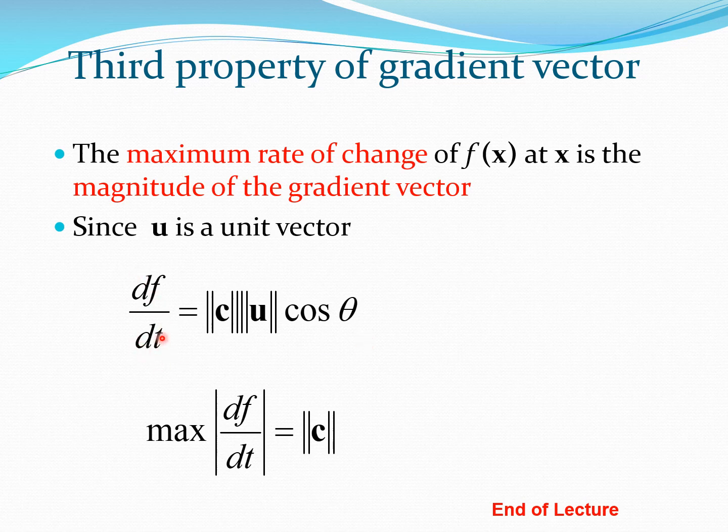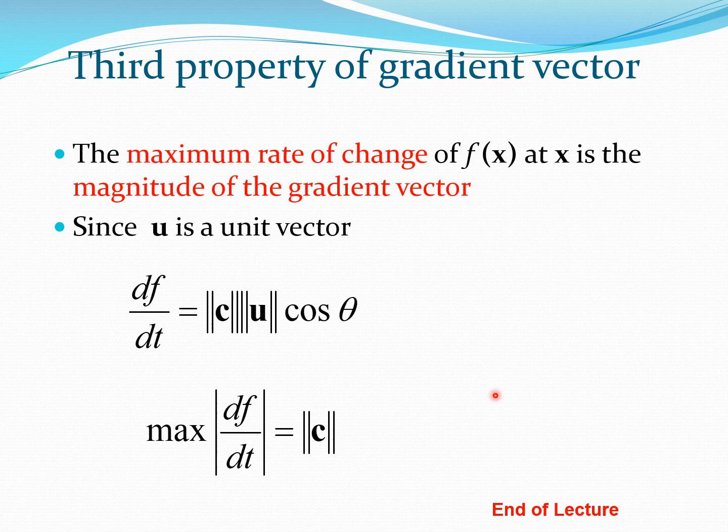Therefore, the maximum value of df/dt in an absolute sense would be simply the norm of c, because remember the cos theta maximum value is 1 and u is a unit vector. So the maximum rate of change of f(x) at x is the magnitude of the gradient vector.